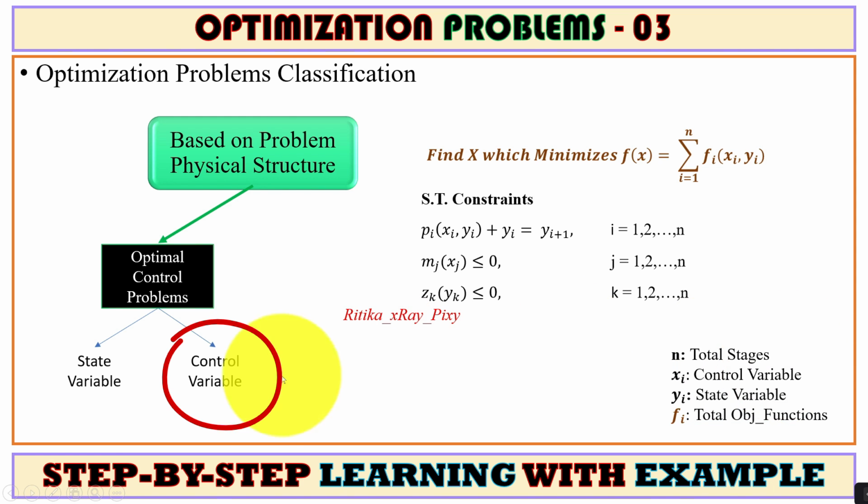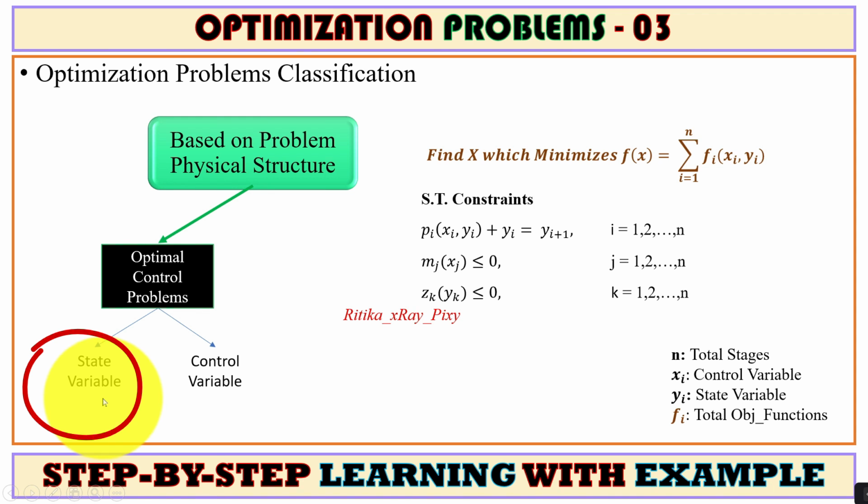On the other hand, state variables will describe the system behavior in each stage. So we have control variable that controls the system variables and system evolution through its multiple stages, and state variable describes the system behavior in each stage.